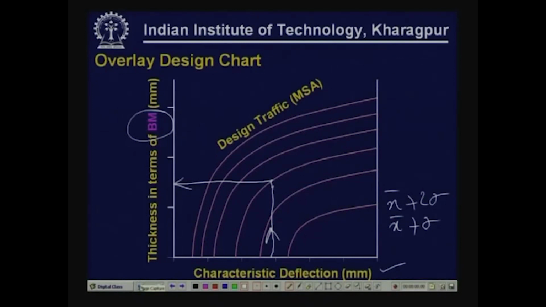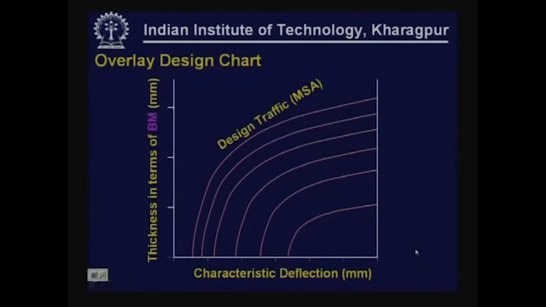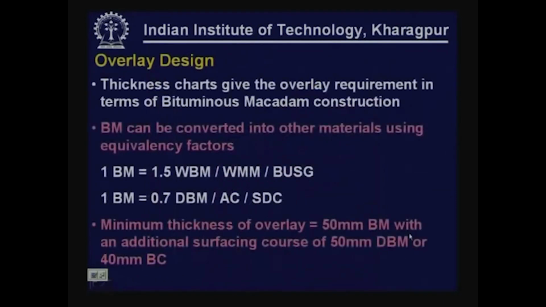So, we have the overlay thickness in terms of bituminous macadam. We may not be using bituminous macadam, obviously bituminous macadam cannot be used for surface. So, the total BM requirement has to be provided in terms of DBM, also it can be in BM, DBM, BC or other types of bituminous layers. So, using the conversion factors that are given here, we can convert the total requirement of BM into different component layers.